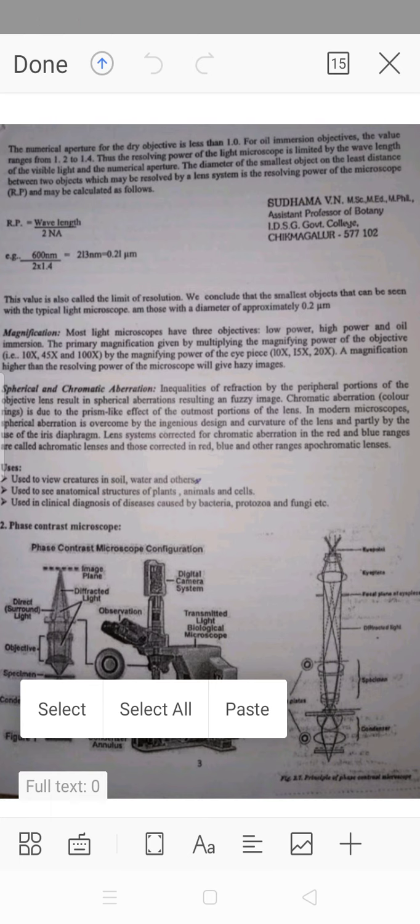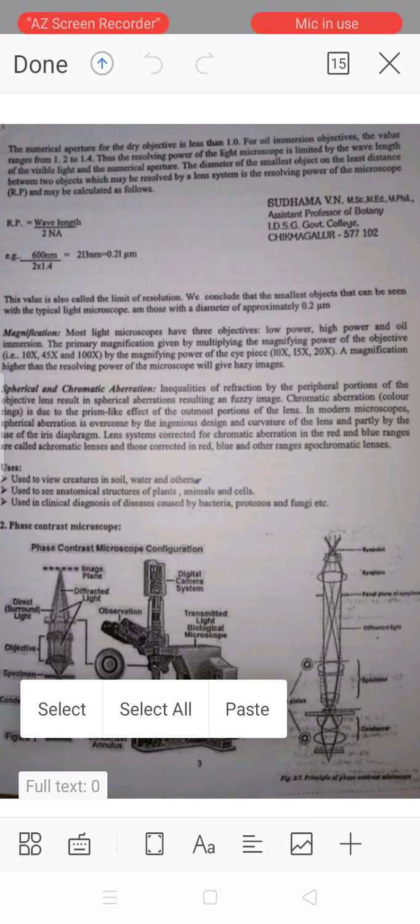Spherical and chromatic aberration. Inequalities of refraction by the peripheral portions of the objective lens result in spherical aberration, resulting in a fuzzy image. Chromatic aberration, color fringing, is due to the prism-like effect of the outermost portions of the lens.